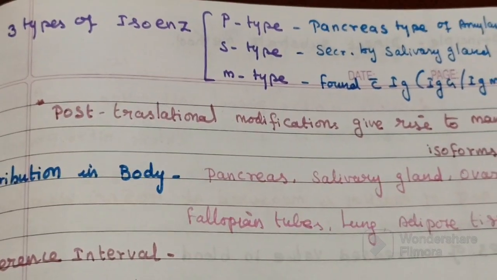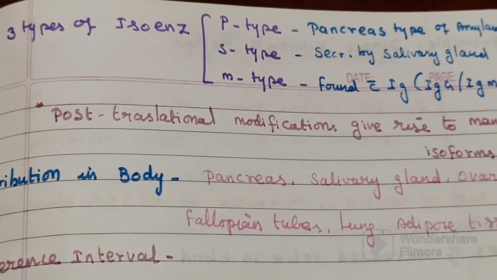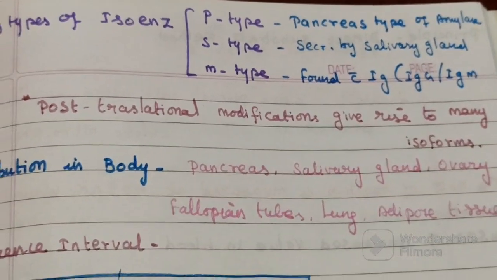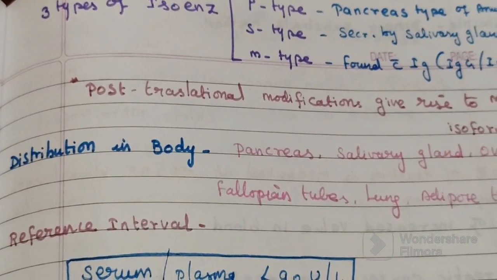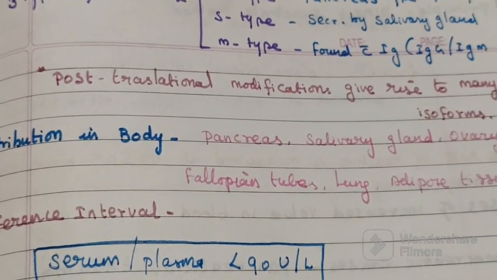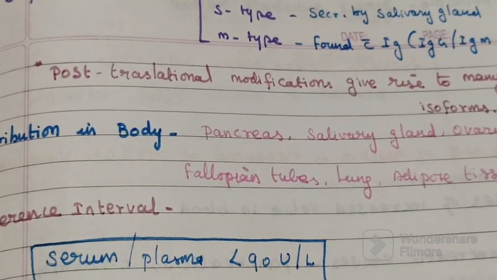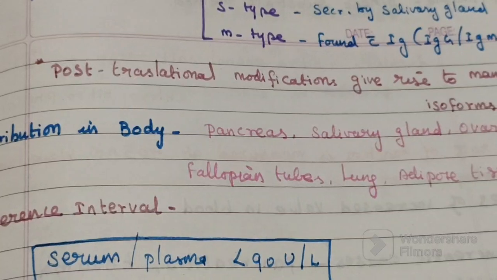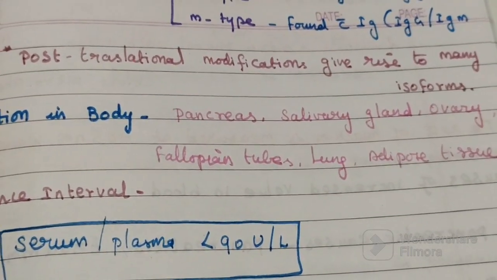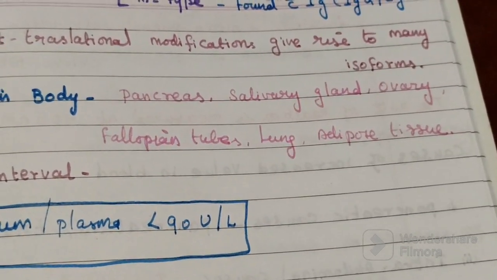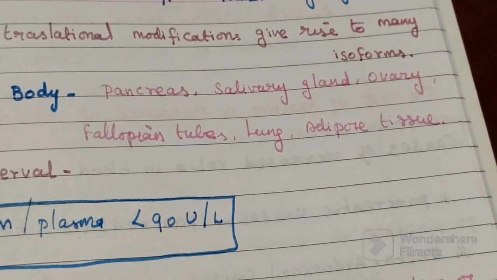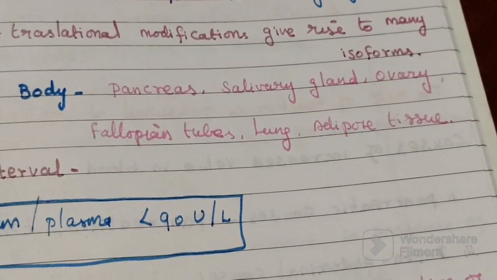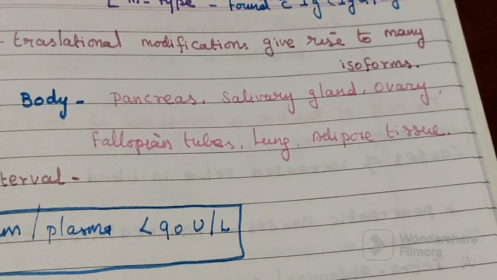Post-translational modification gives rise to many other isoforms. Then distribution in body: where is amylase secreted from? First pancreas, next salivary gland, ovary, fallopian tubes, lungs and adipose tissue.